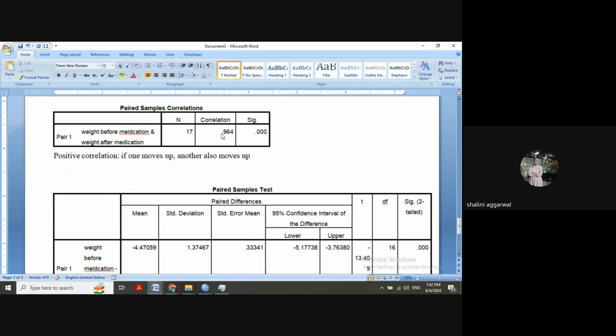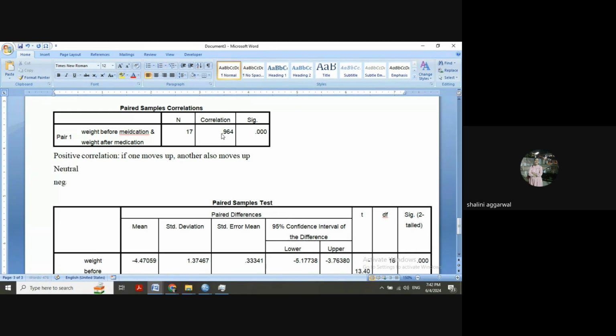Neutral means there is no correlation. Negative correlation means if one moves up, the other moves down. Here it is positive and significant. The relationship between two variables is significant.